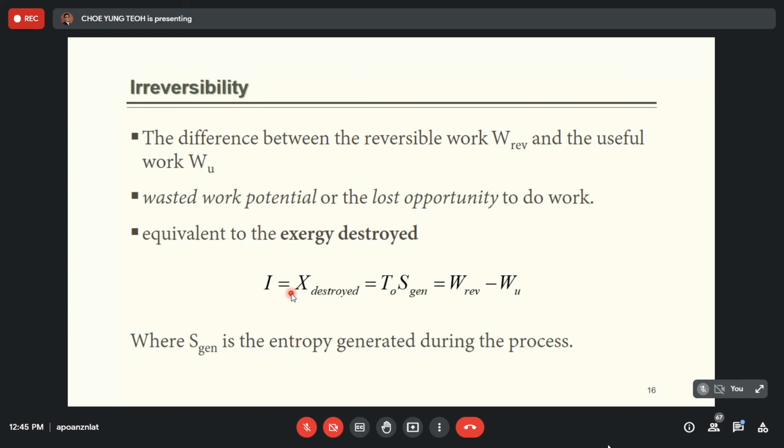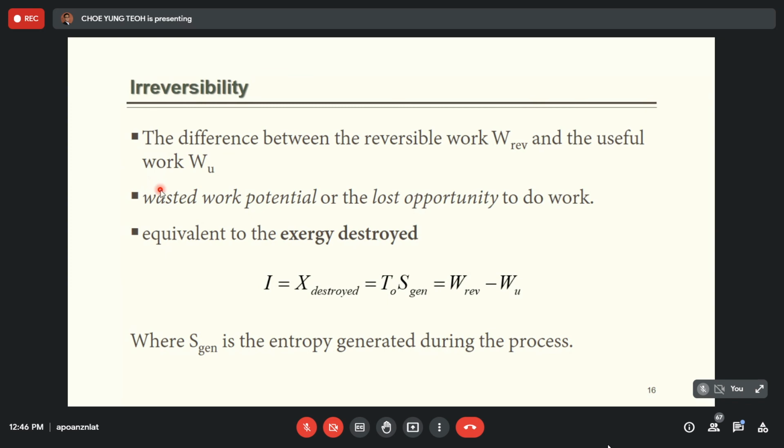This can be calculated based on the difference between the reversible work and the useful work. Whatever losses, we can count as irreversibility. The losses can be internal resistance, external resistance, or something else. Everything is losses, because you are not able to convert back.